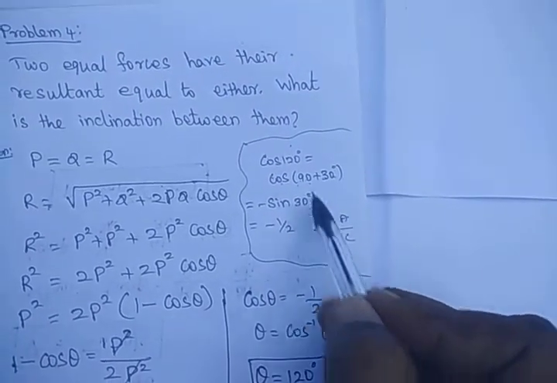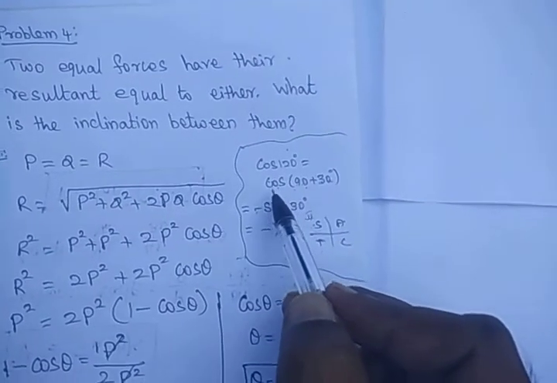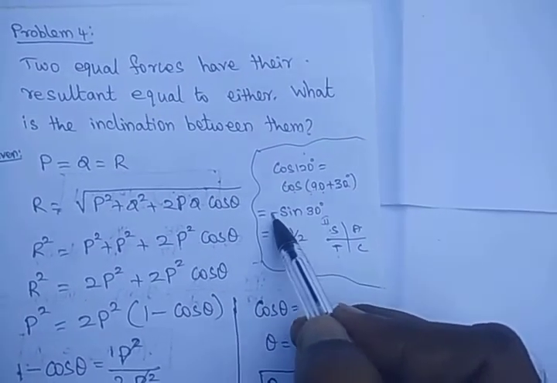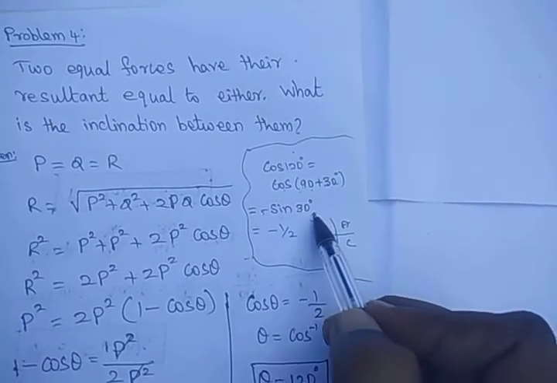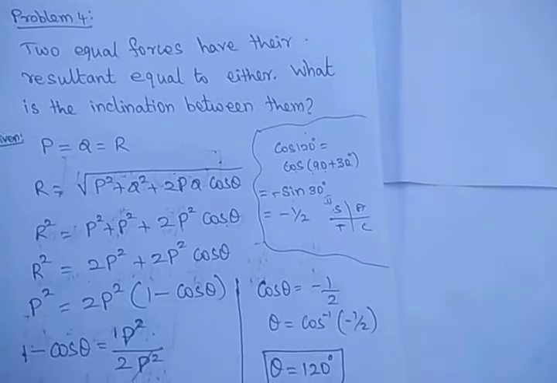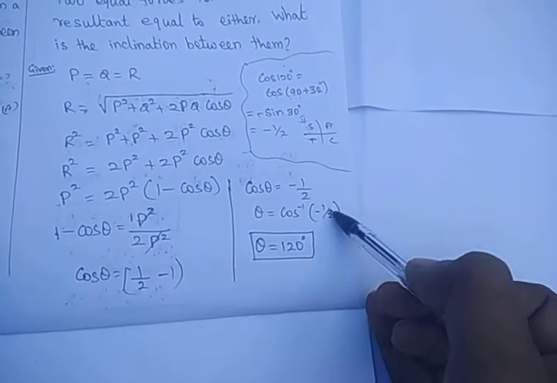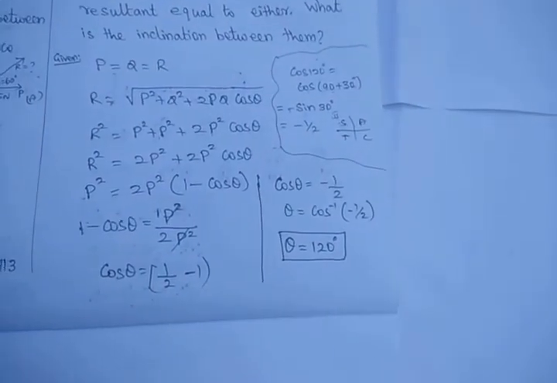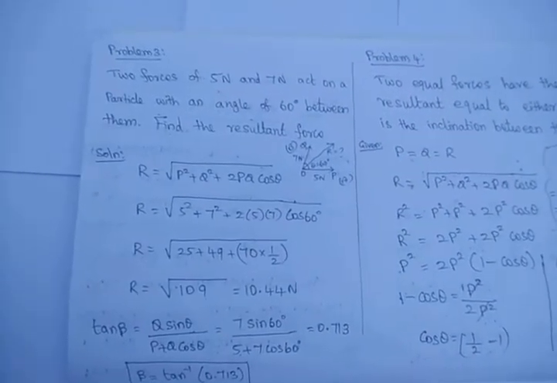If it is a sin, we will put plus. So we have only the cos theta, so we have to substitute minus here. Change the cos to sin 30 degree. So sin 30 degree is 1 by 2. So minus 1 by 2. So cos theta is equal to minus 1 by 2 means theta is 120 degree.